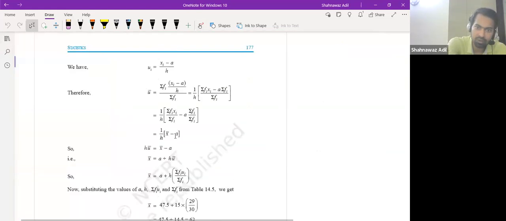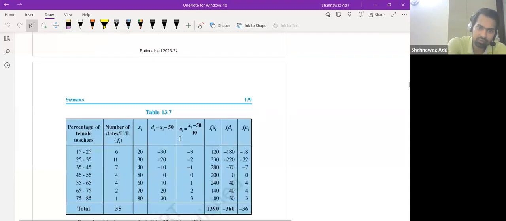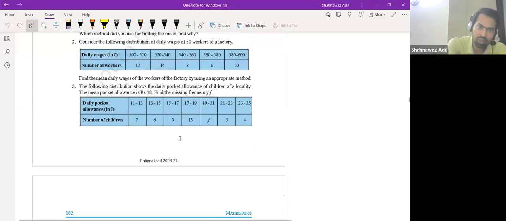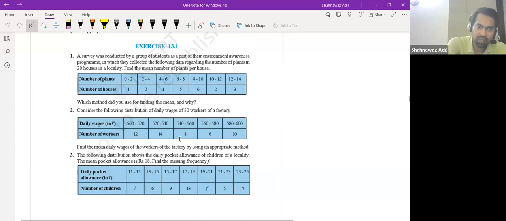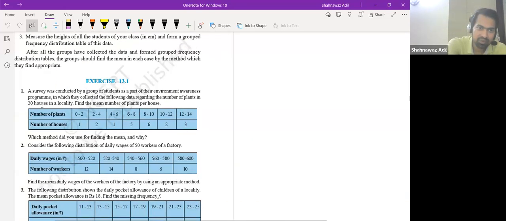Okay, so what do we have? Yeah. So let us take this example, right? So we have 20 houses. So total number of houses are 20, and these are the class interval. So from 0 to 2 plants, there is one house, and there are two houses which have 2 to 4 plants.